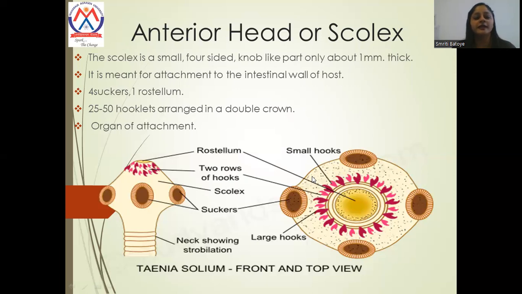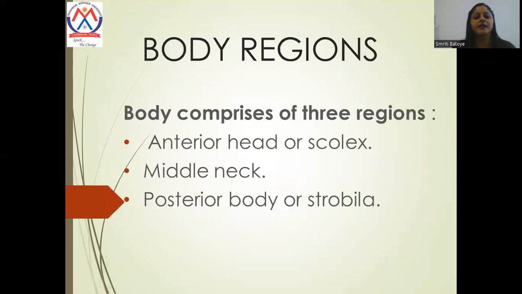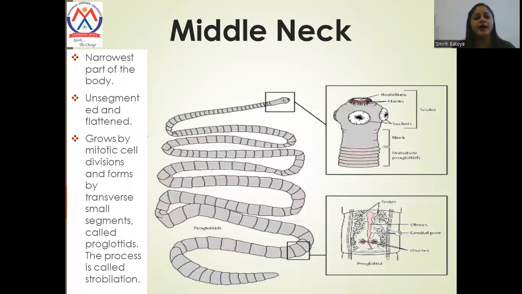Afterward, behind the anterior head, there is the neck, and this neck, by proliferation and budding, forms different kinds of proglottids which form the strobila. In total, approximately 800 proglottids are formed in this strobila.